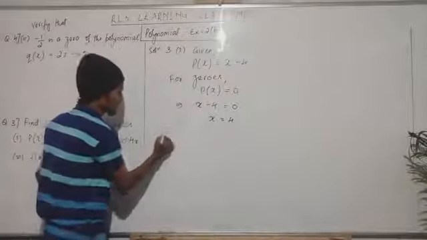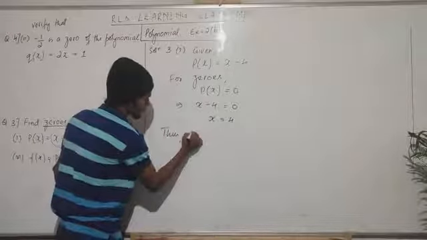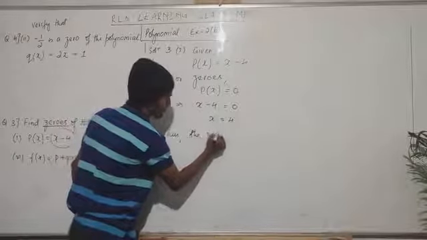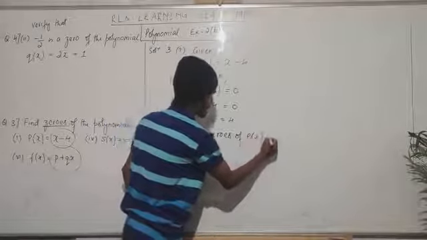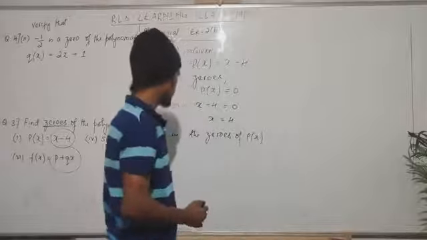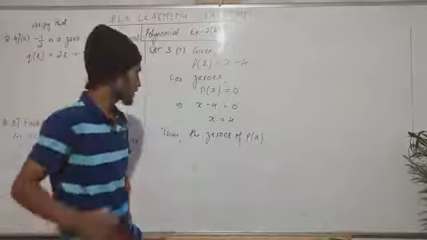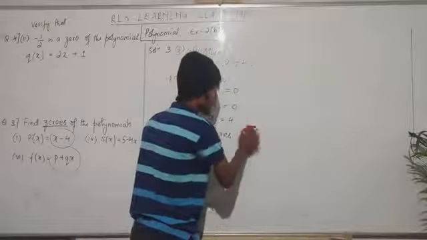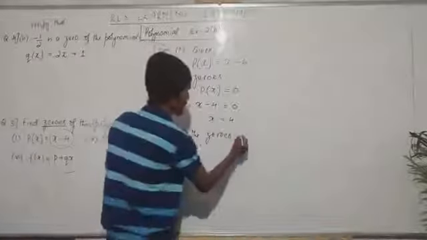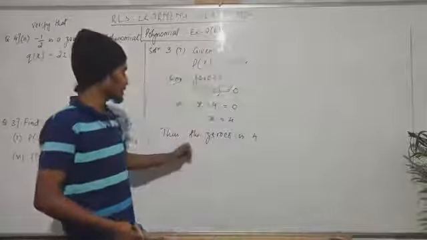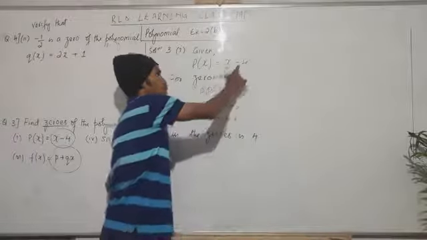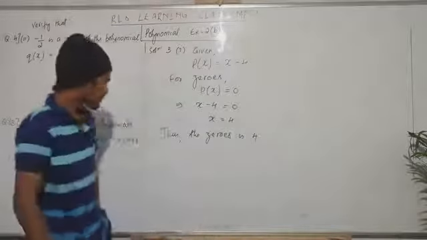Remember, the zero of P of x is 4, because 4 minus 4 gives 0.